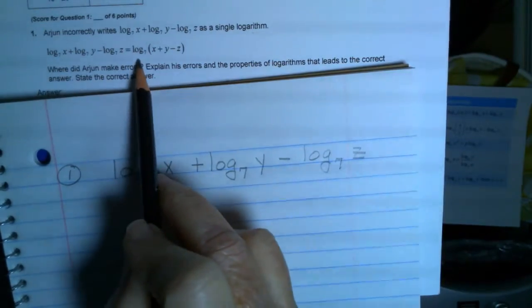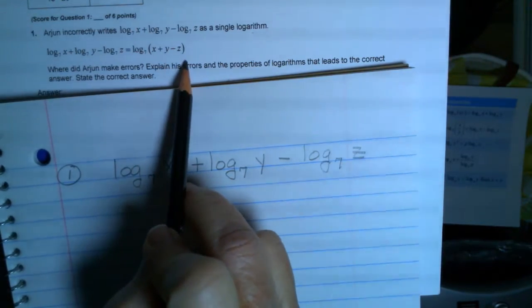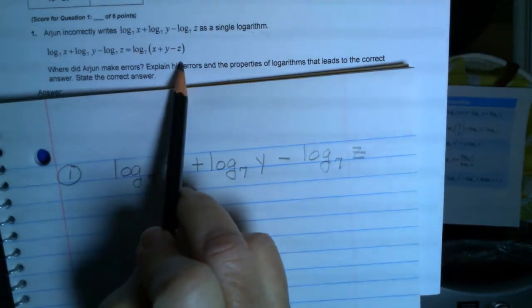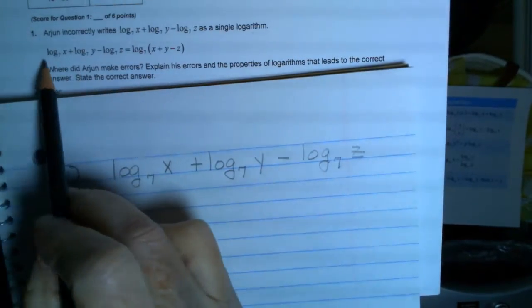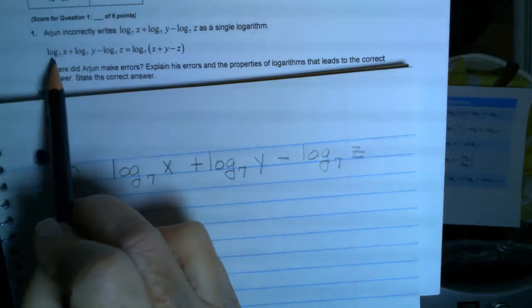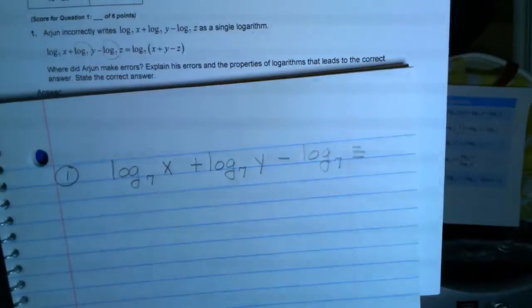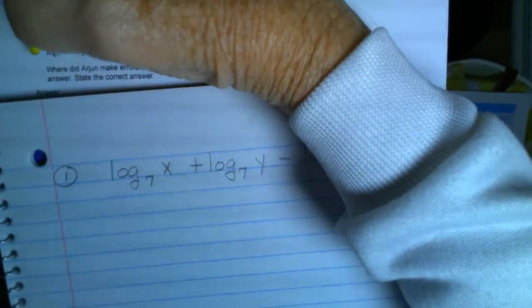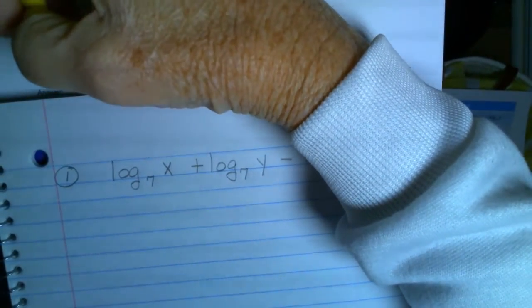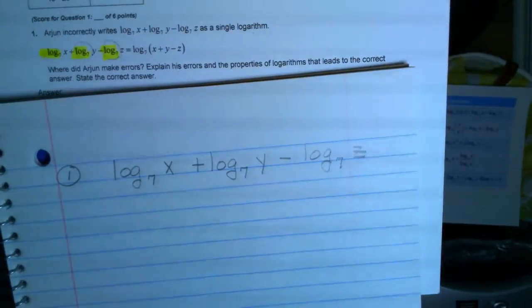Now he writes that as log base 7 of x plus y minus z. So let's look at his answer. And if you're noting this, he's just taking out the log base 7. I'm circling that. Let me highlight it so you can see it. He's taking out the log base 7 and then just writing what's left over.